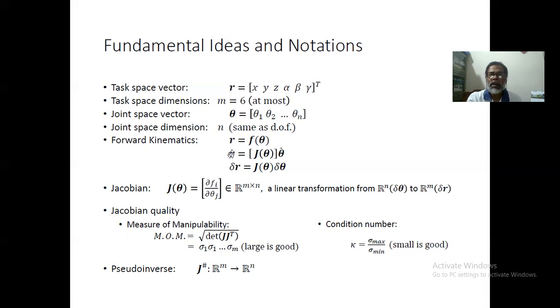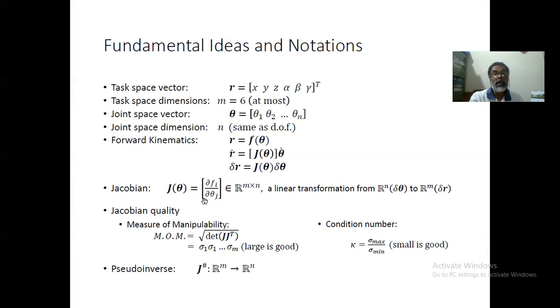Either you talk in terms of velocities or you can talk of small motion. It is the same thing because it is the same Jacobian matrix which does the mapping. Now this Jacobian is an m by n matrix. That is, fewer rows, more columns: a fat matrix, not a tall matrix. And this is a linear transformation from Rn, that is the space of delta theta, to Rm, the space of delta r.